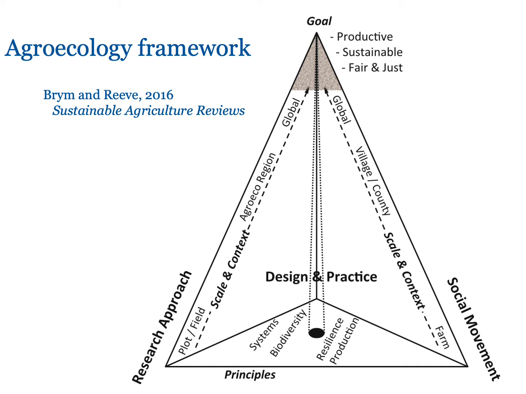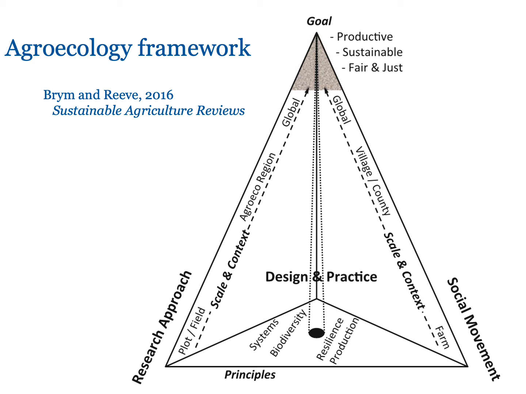All this leads up to the pinnacle of the pyramid, the agroecology goals: to be productive, sustainable, fair, and just. I've described the goals in other ways: sustain production, conserve natural resources, maintain social equality. The underpinnings for these goals are cohesive service to production, environment, and society. This framework diagram can be helpful to think about where you exist in this pyramid.